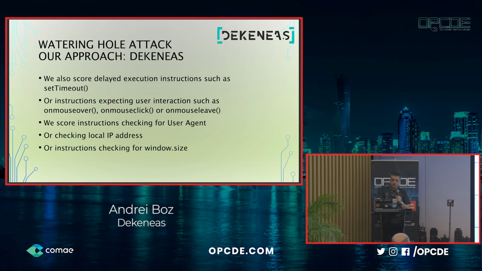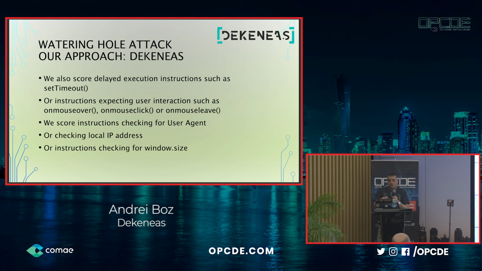We also score instructions checking for user agent or other features that could give the attacker an idea on what technologies are used on the certain browser, and how they can exploit the user that accesses the watering hole.